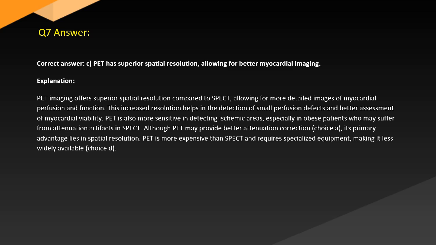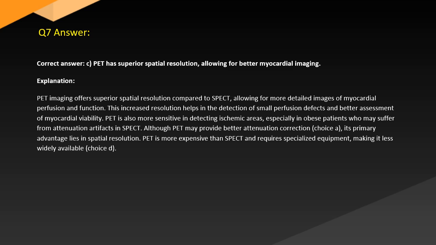Answer. Correct answer: C. PET has superior spatial resolution, allowing for better myocardial imaging. Explanation. PET imaging offers superior spatial resolution compared to SPECT, allowing for more detailed images of myocardial perfusion and function. This increased resolution helps in the detection of small perfusion defects and better assessment of myocardial viability.